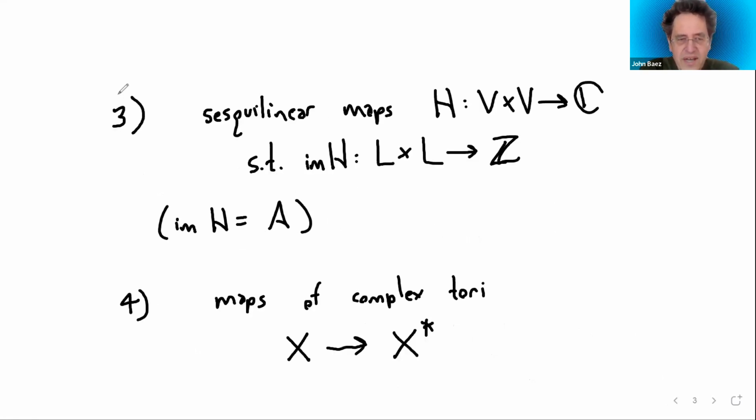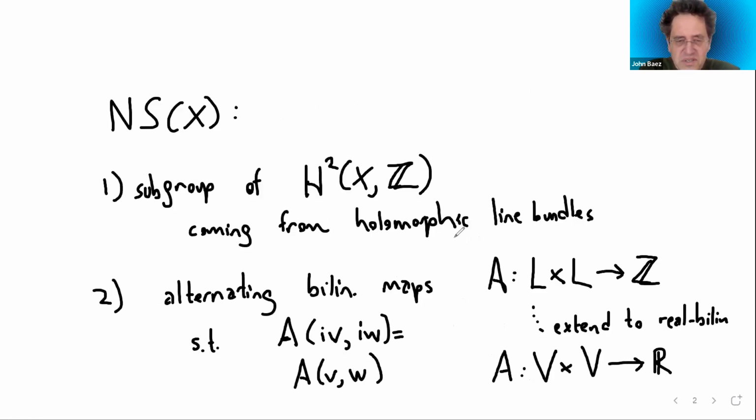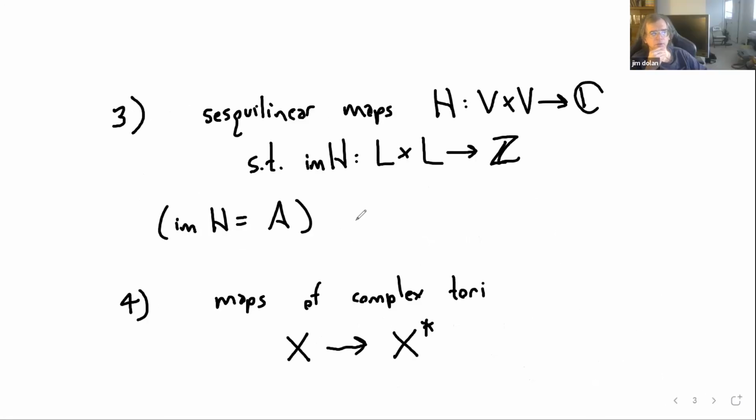So far I would like to get it straight from description 2, which I think of as simpler than this one. But description 2 is about this alternating bilinear map with a property. It's nice that the property has gotten absorbed into the sesquilinearity here. So they seem to get this last description out of this description sometimes.